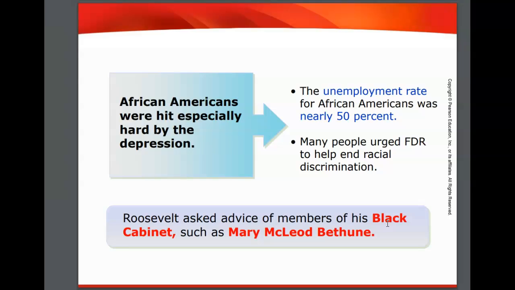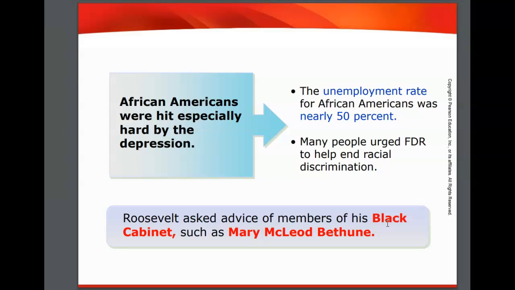So going back again to Eleanor Roosevelt, she urged President Roosevelt and Congress to do something about that. So as the New Deal progressed, she used her position as First Lady to stage protests against racial discrimination. And sometimes she was successful, sometimes she was not, but she did get her husband, President Roosevelt, to ask advice of members of his black cabinet, like Mary McLeod Bethune.